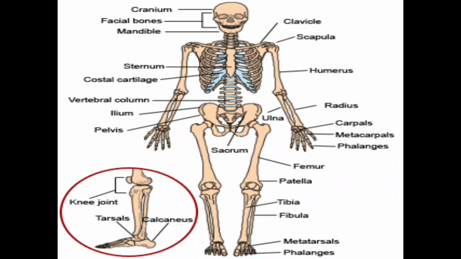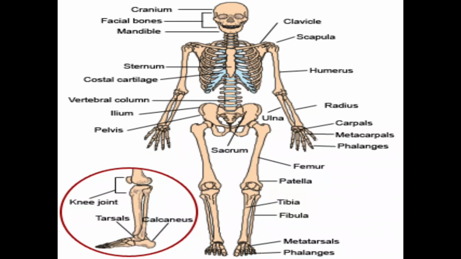Also, that's a knee joint there. You can see the tarsals. You can see the calcaneus. On the middle is the sacrum, and on the right side you can see the clavicle there. You can see the scapula. Scapula is located where it is pointed, the back of the shoulder.